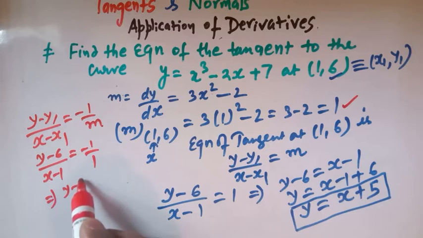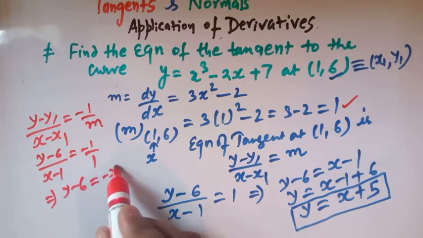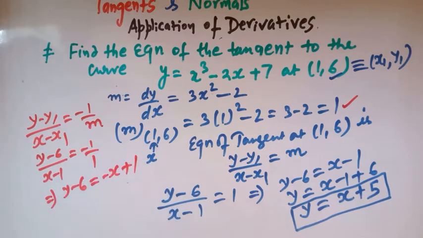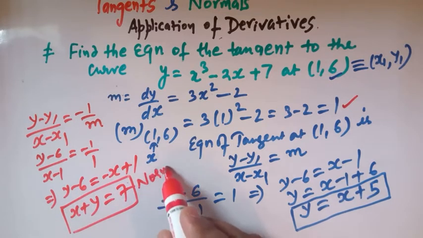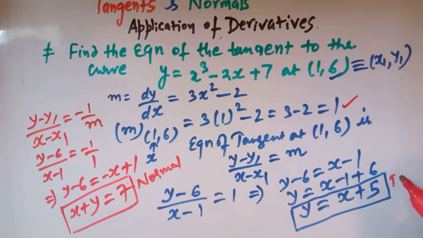And if we simplify it, we'll get minus x plus 1. So this is x plus y is equal to 1 plus 6, that is 7. So this is the equation of normal, and this is the equation of tangent. Clear?